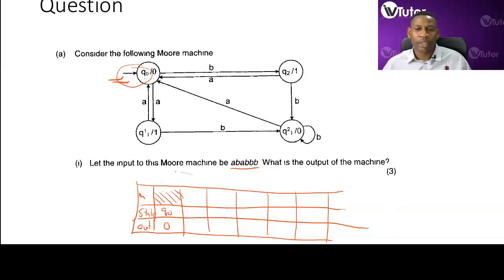Next, our input is A, B, A, B, B, B. If we read an A, from Q0 you go to Q1. If you read a B, you go from Q0 to Q2.